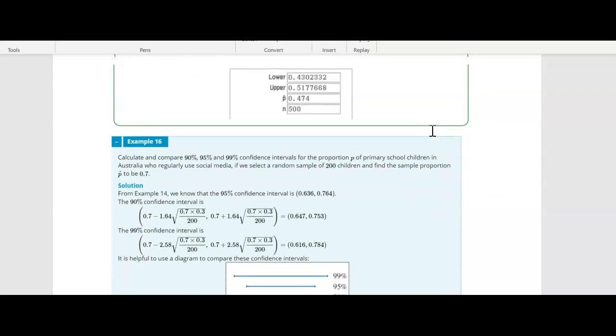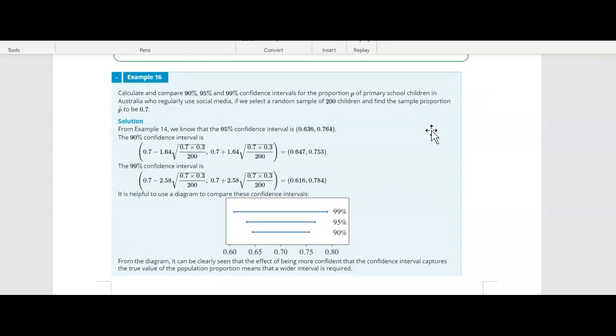In question 16, calculate and compare 90%, 95% and 99% confidence intervals. So we've now got 90% and 99%, whereas before we only looked at 95%.